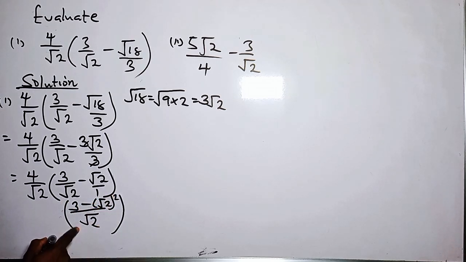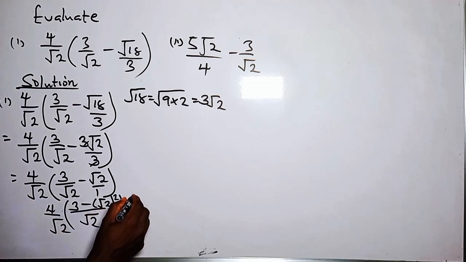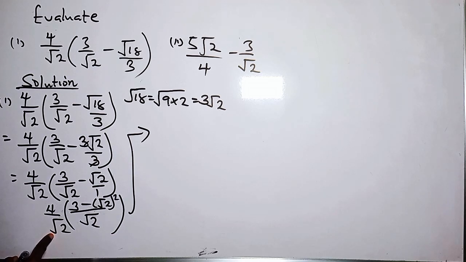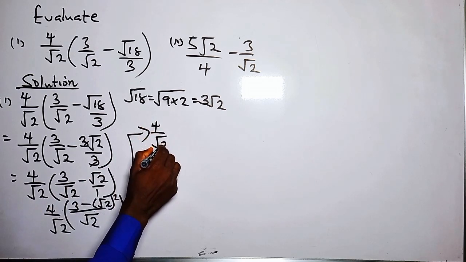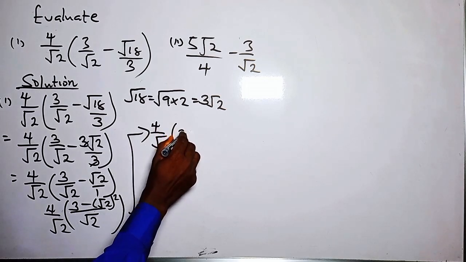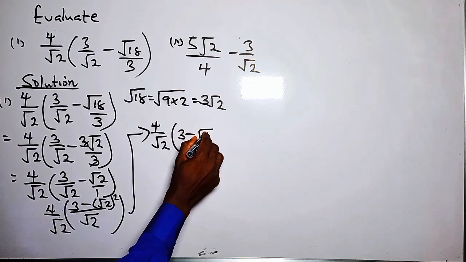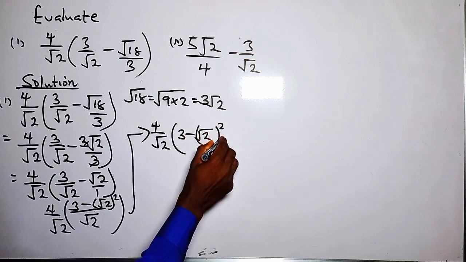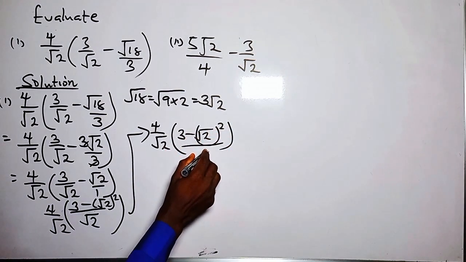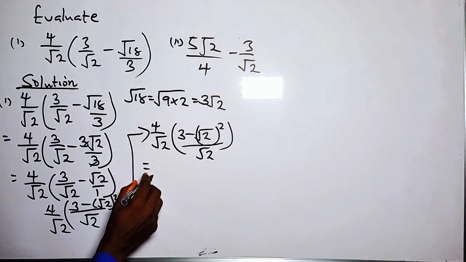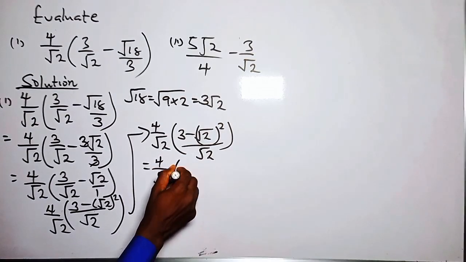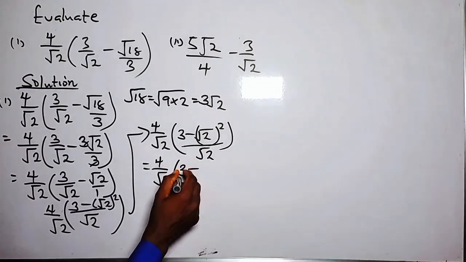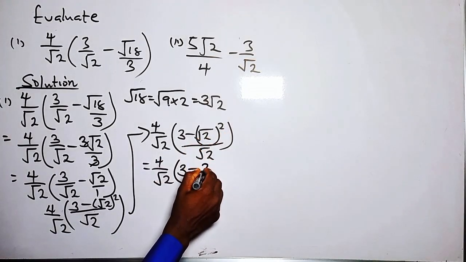So we are multiplying everything by 4 over root 2. Let us simplify what we have in the bracket further. We have 4 over root 2 into 3 minus root 2 squared over root 2. We simplify this further: 4 over root 2 into 3 minus, for root 2 squared is 2.